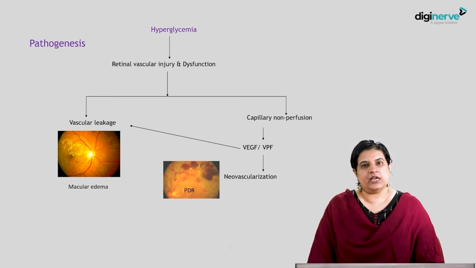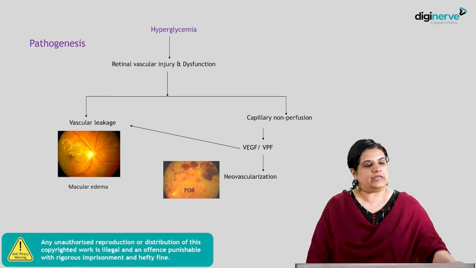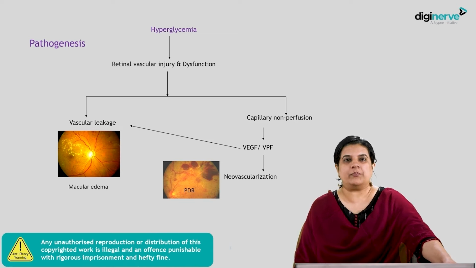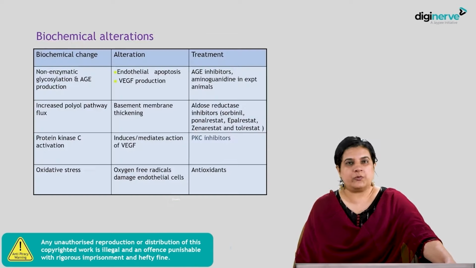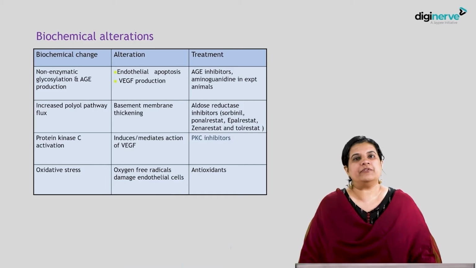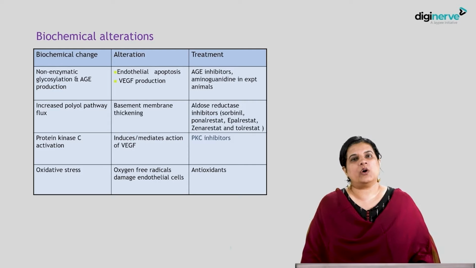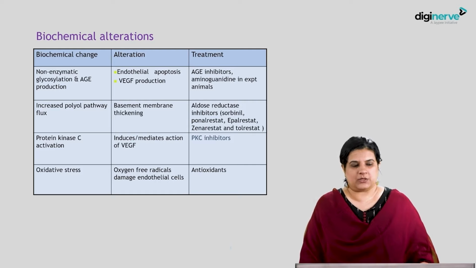And eventually, if a hypoxic state ensues and if these VEGF and VPF are elevated in the retina, then neovascularization will happen. We can have neovascularization of the disc or elsewhere, and if this is there, then it runs the risk of certain complications like vitreous hemorrhage or preretinal hemorrhage, and the patient can go on to develop proliferative diabetic retinopathy. We'll be talking about the proliferative and non-proliferative terminology in the subsequent slides.